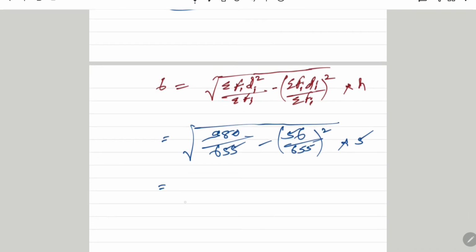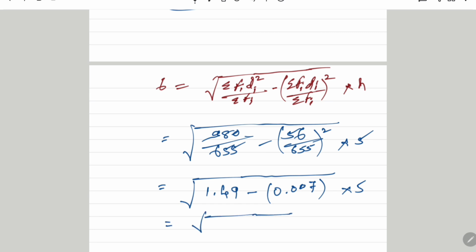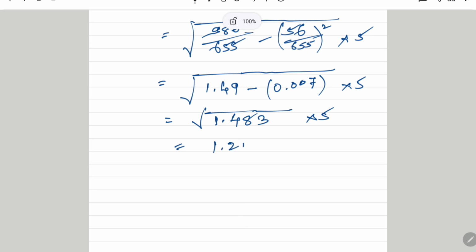Square root of 980 divided by 655, we get that value as 1.49, minus 56 by 655 and its square, that value is coming as 0.007, into 5. It is square root of 1.483 into 5. It is 1.217. Square root of that quantity is 1.217 multiplied by 5. We get the product as 6.08 as the standard deviation.